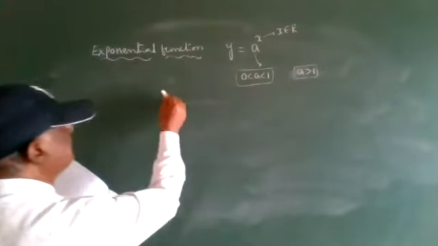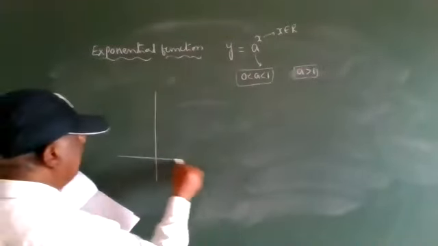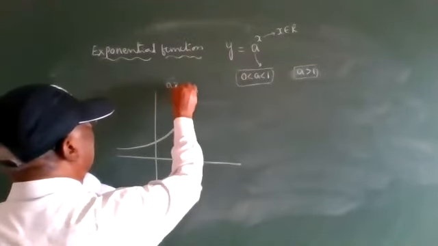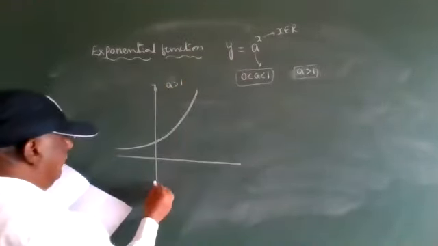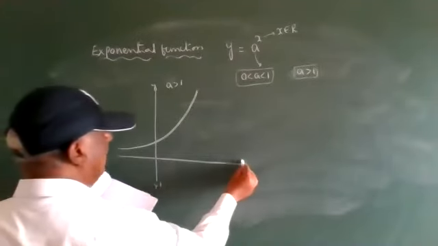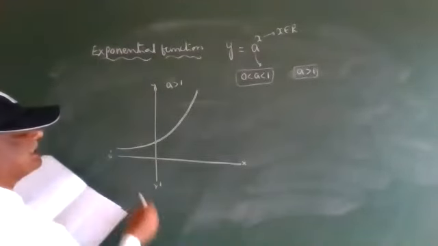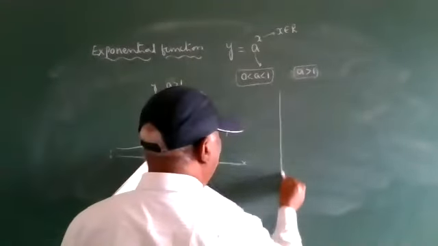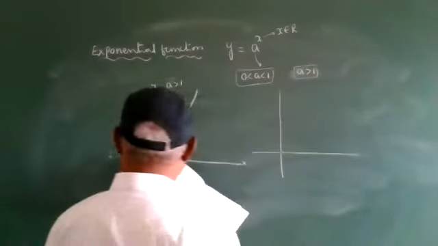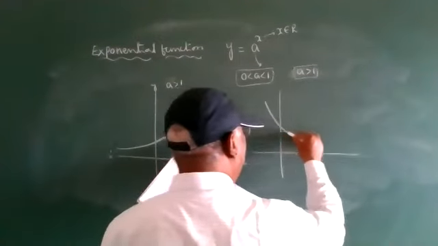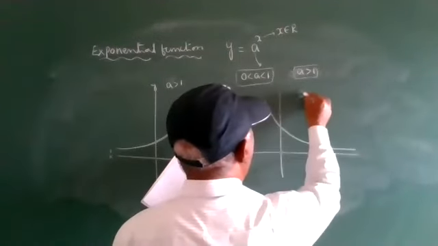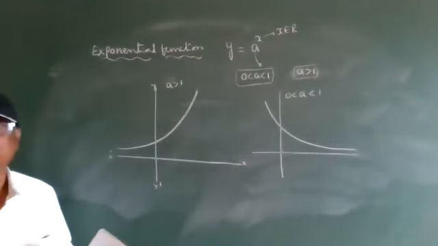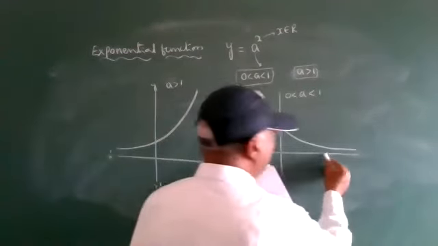For the exponential function with a greater than 1, I will draw the figure also in the class. A greater than 1 will be formed like this only. Okay? Like this one, it never touches the x-axis. So when a is less than 1 and greater than 0, it will form in reverse order, but it never touches the x-axis.